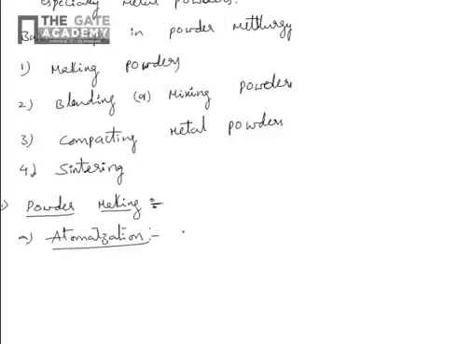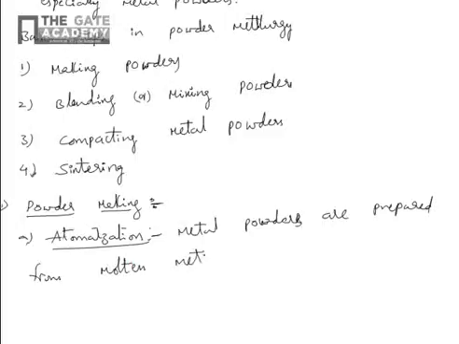In atomization, metal powders are prepared from molten metal by using a high speed inert gas or water jet.